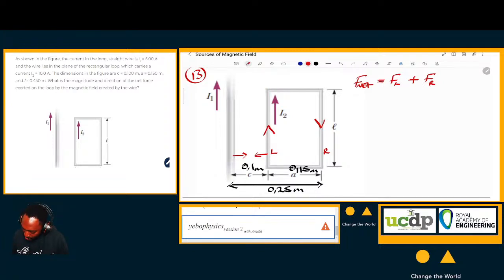So the force of the straight conductor on the left side of the loop, FL, will be to the left.